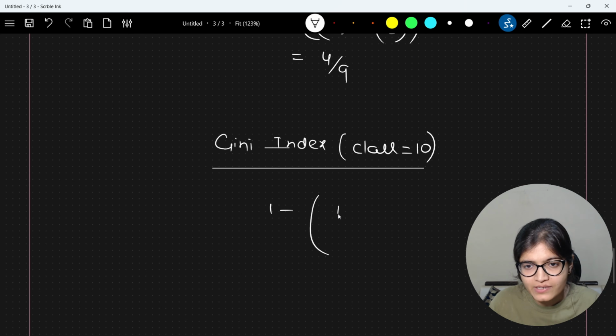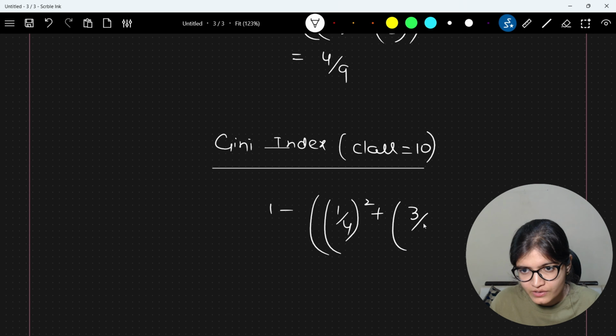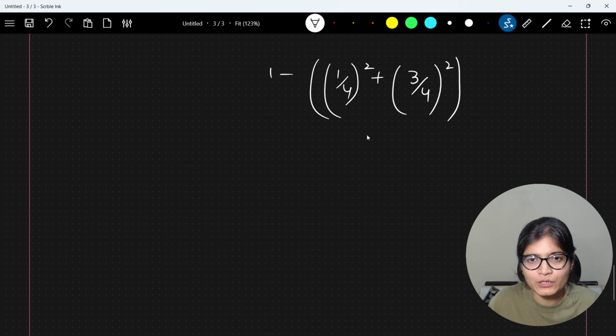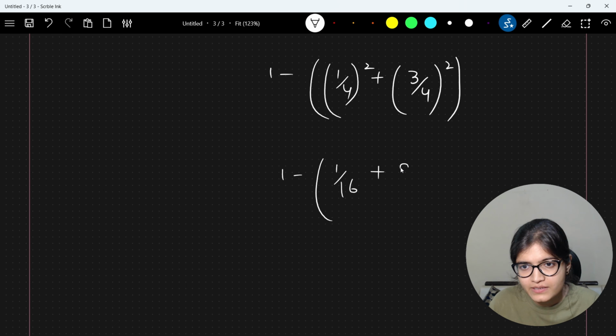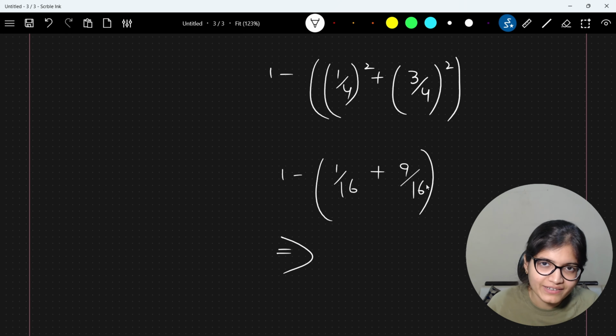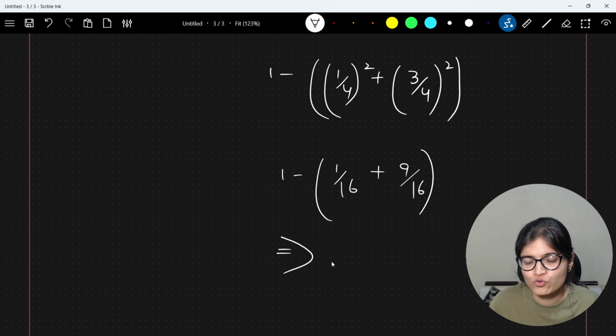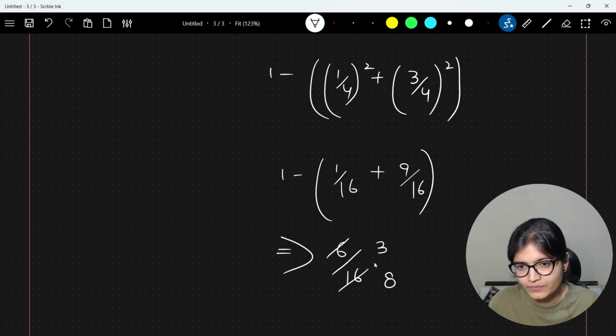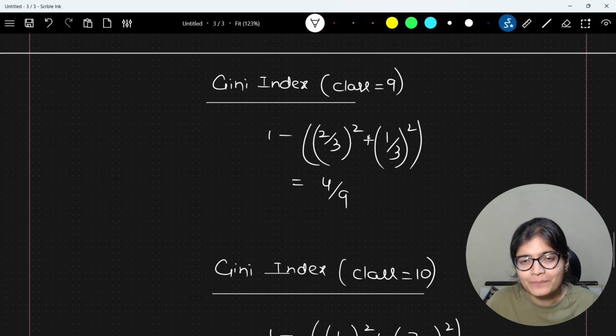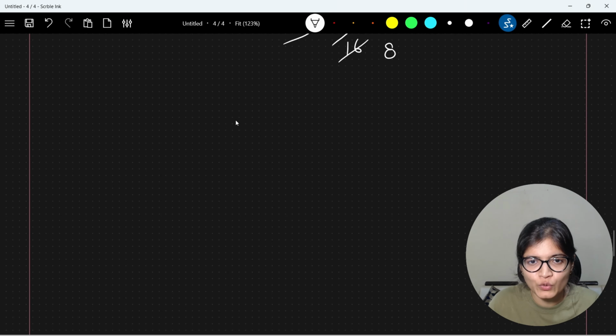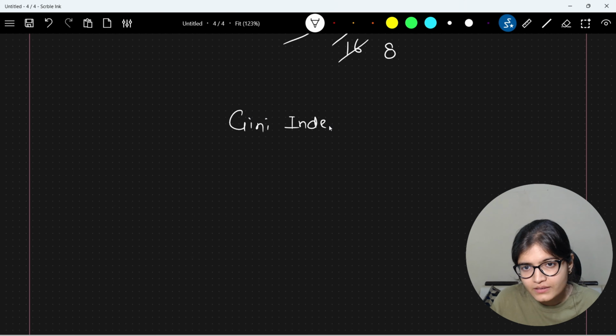So it will be minus 1 by 4 square plus 3 by 4 square. So we get 1 minus 1 by 16 plus 9 by 16, which is 16 minus 10, I believe 6 by 16, which is equal to 3 by 8.